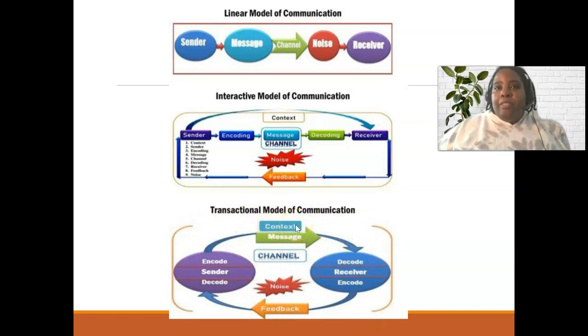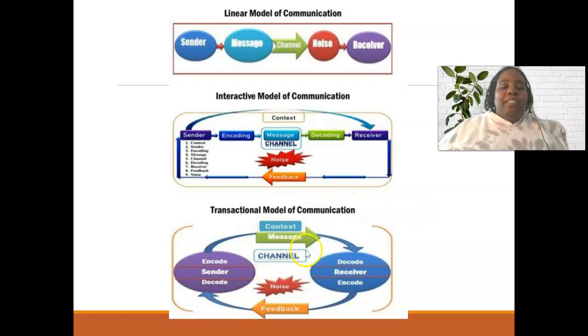If we think about context, we think about the environment in which communication is taking place. That can include the actual space and the time. Think about synchronous and asynchronous communication and how it influences how the message is received. Imagine going back and forth via text messages and trying to figure out what a person means, and that meaning can be quickly interpreted if you were communicating face to face.